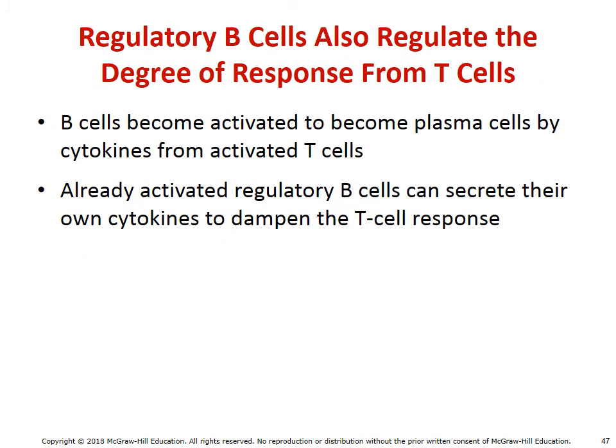And that's the beautiful thing about regulatory cells. Regulatory cells can help regulate immune response. Regulatory B cells can help regulate to some degree the response from T cells. So again, regulatory B and T cells can help regulate overall immune response.